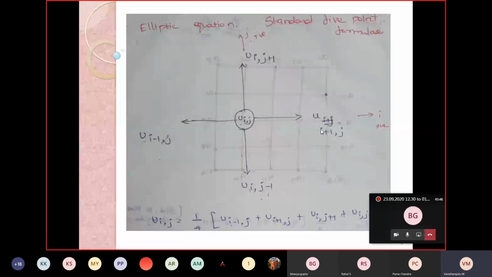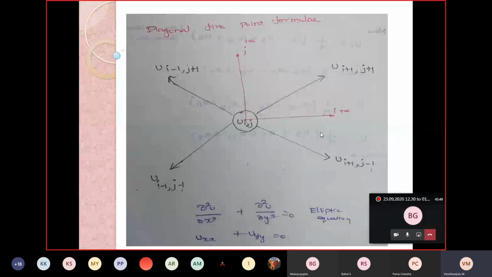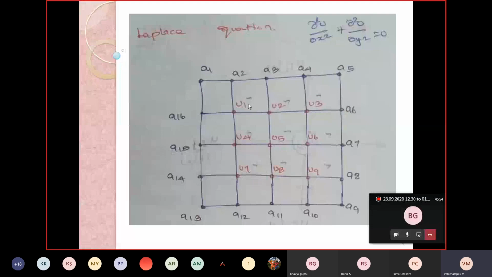This is the standard 5-point formula, and this is the diagonal 5-point formula. Now we are concerned about U1. Apply any of the above formulas to find U1. It is feasible. Yes, sir.